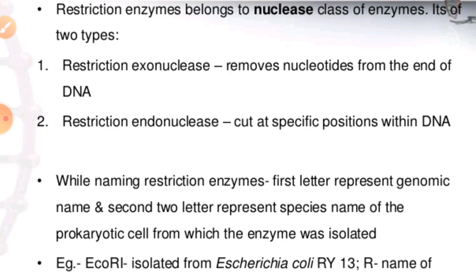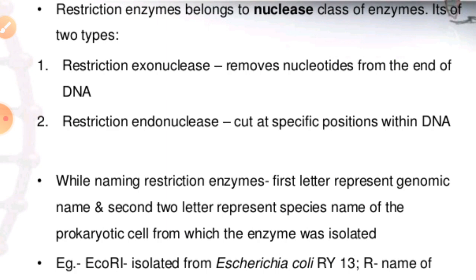You must know the differences between these two enzymes, because sometimes they can be asked. The exonuclease always removes nucleotides from the end of the DNA, either 5 prime or 3 prime, right? Means one strand from the end.